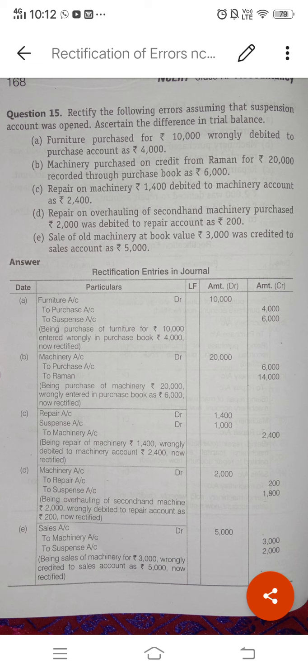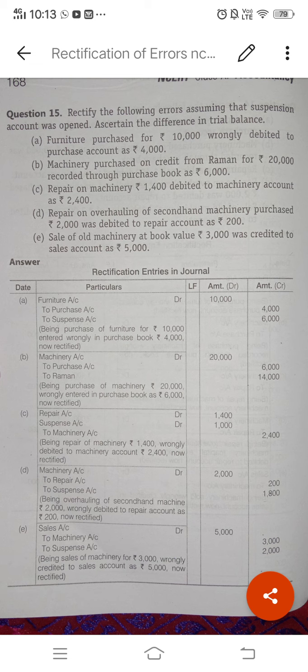That is machinery account debit to cash account 2,000 was the correct entry. So instead of debiting the machinery account, it is debited to the repair account as 200. So there is excess debit balance in repair account with 200.